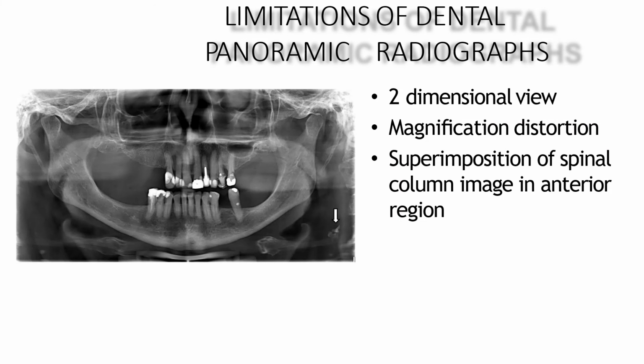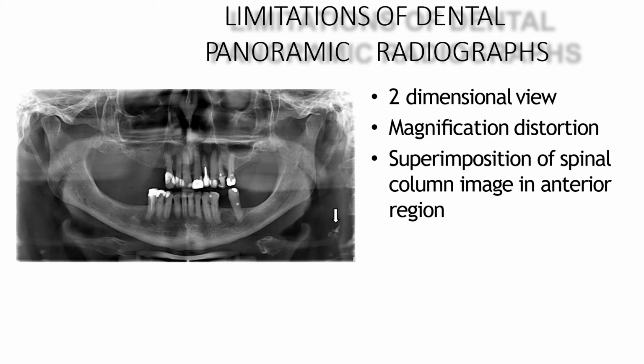So, limitations. A few imaging techniques do not really look very fancy, however, are not really very accurate for implant treatment. OPG is one of the limited scope imaging techniques for implant dentistry because it gives a two-dimensional image.